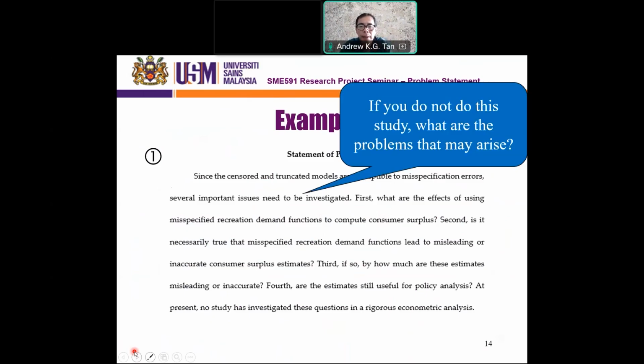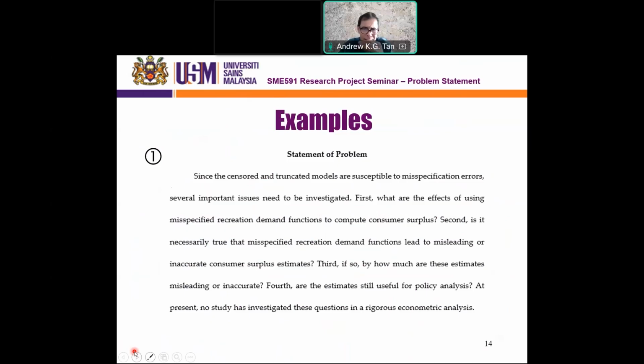So let's read. Since the censored and truncated models are susceptible to misspecification errors, several important issues need to be investigated. The first issue is, what are the effects of using misspecified recreation demand functions to compute consumer surplus? Second, is it necessarily true that misspecified recreation demand functions lead to misleading or inaccurate consumer surplus estimates?